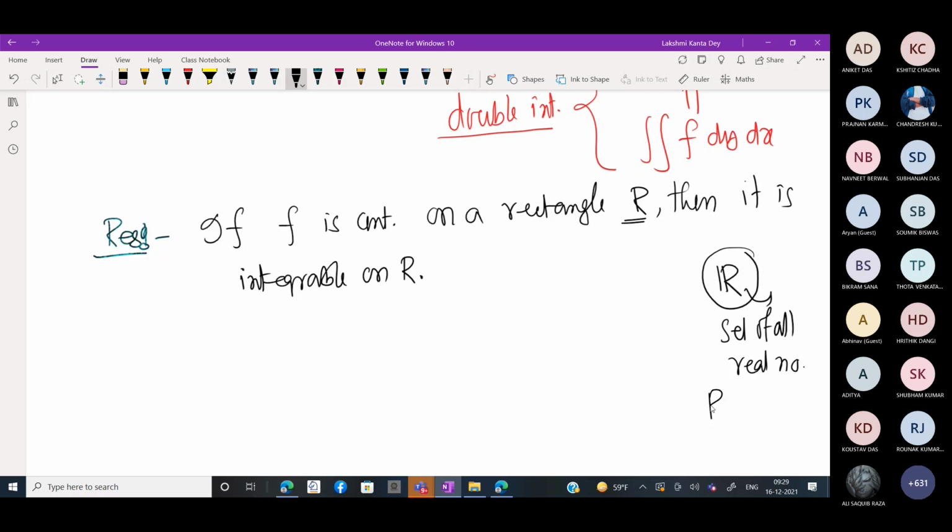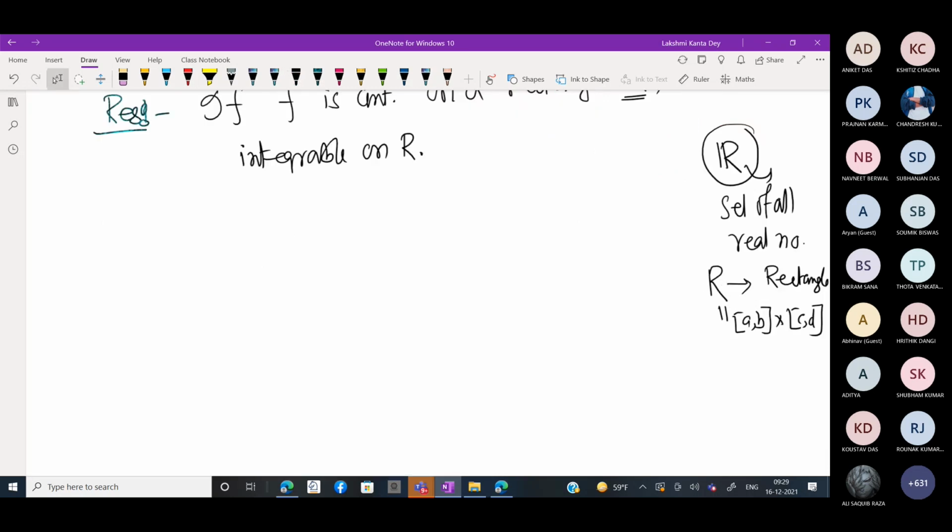I denote it here as the first letter of rectangle, that is a rectangular region. Normally it is a comma b cross c comma d. So this R, simple R, is the first letter of rectangle, and it is basically a comma b cross c comma d.